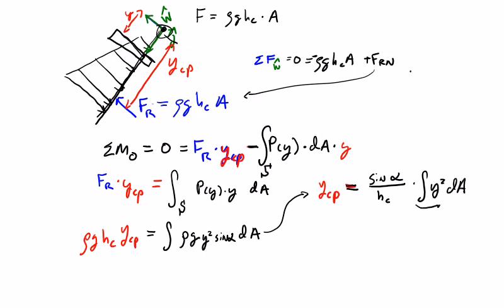Now this is a special integral. It's what we call Ixx. It's the second moment of inertia around the x-axis. It's sort of like a centroid to the next level.